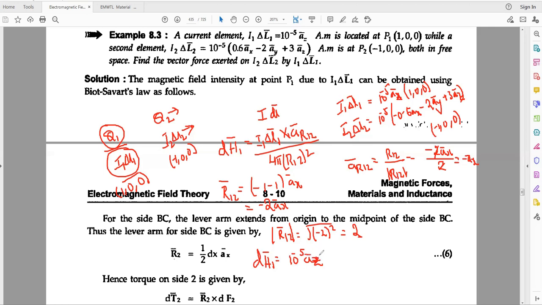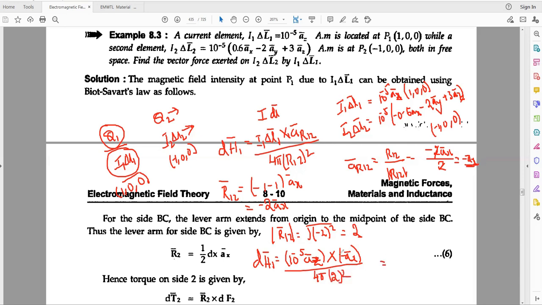AZ bar cross -AX bar, divided by 4 pi into R12 squared, where the magnitude of R12 is 2, squared.